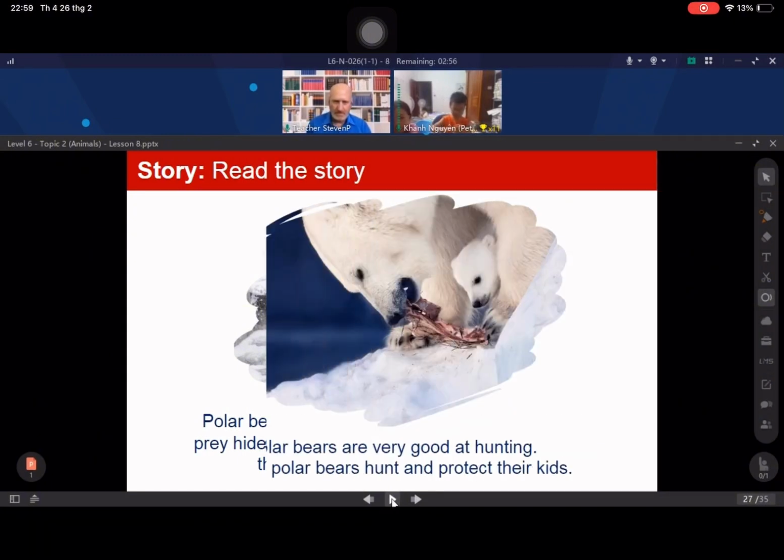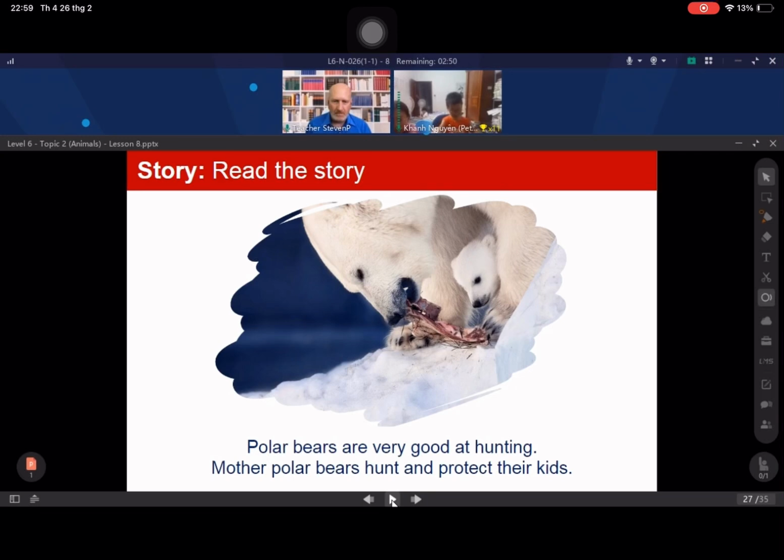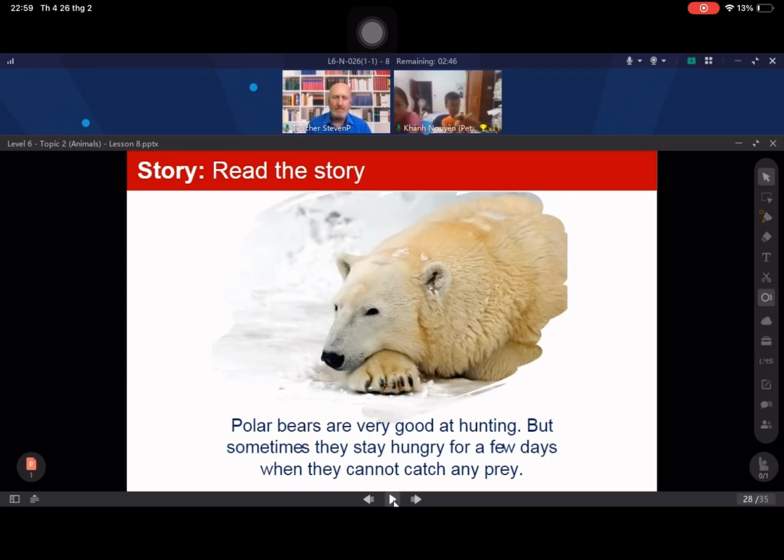They are very strong. Polar bears are very good at hunting. Mother polar bears hunt and protect their kids. Polar bears are very good at hunting, but sometimes they stay hungry for a few days when they cannot catch any prey.